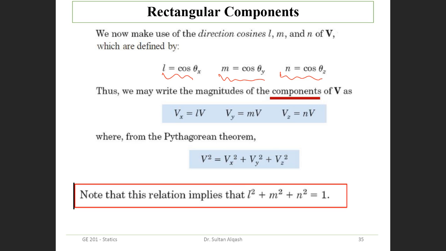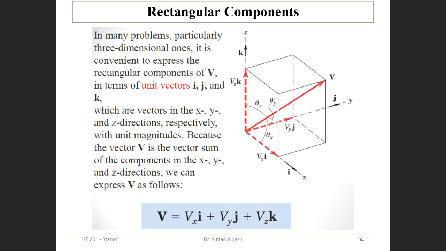So I can define V, the component in the x-axis, as l multiplied by the magnitude, right? You know this is something logical, right? Because this is how you define the component. This is the x-axis. In the y-axis it is m times V, which is the cosine, and so on. Okay. Well, at the end of the day, l squared plus m squared plus n squared equals 1. This is the condition you have to specify. Clear? So this is called the direction cosines.